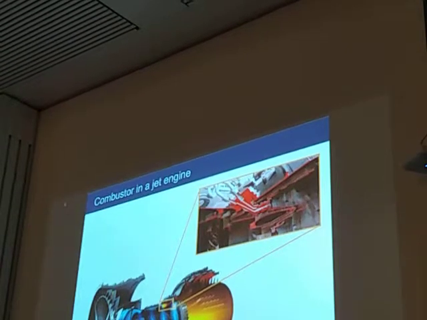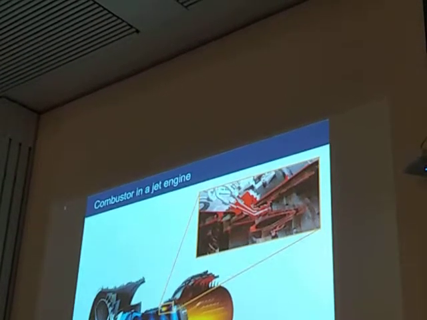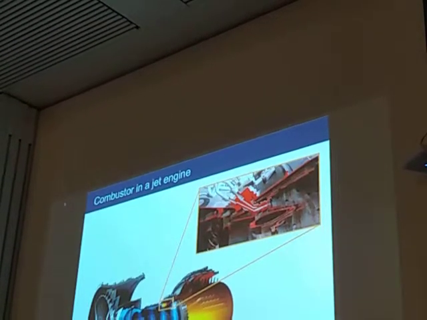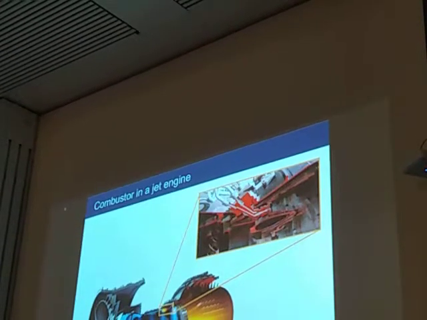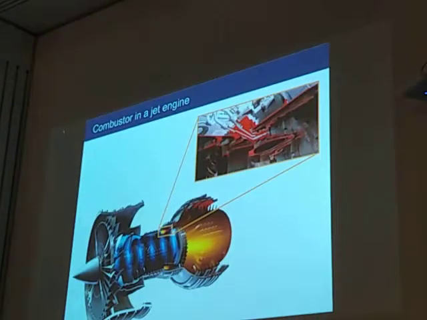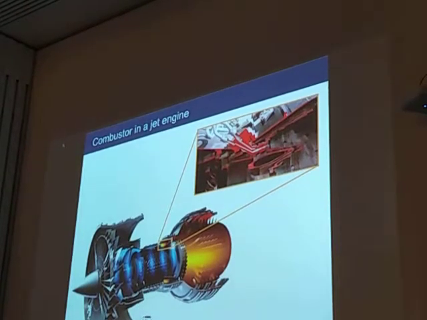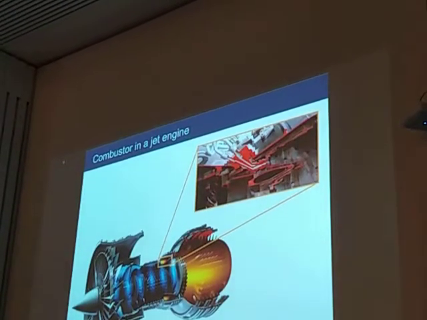A big challenge here is to not only make these high temperature materials, but also make materials that can be formed into those very intricate shapes, and make the plane lightweight so it can take off the ground.